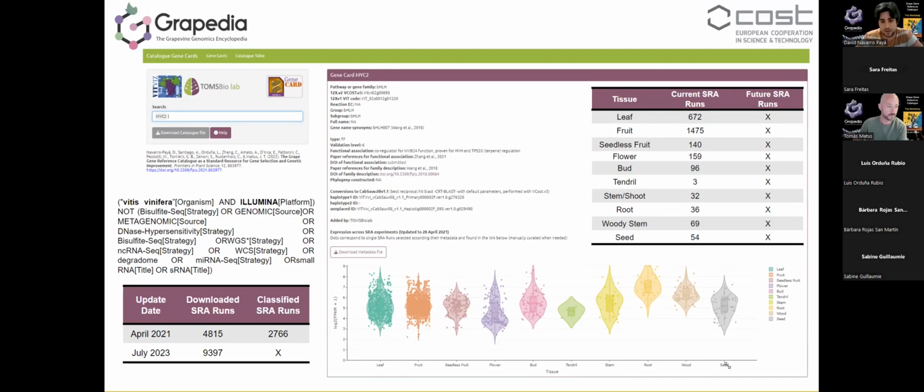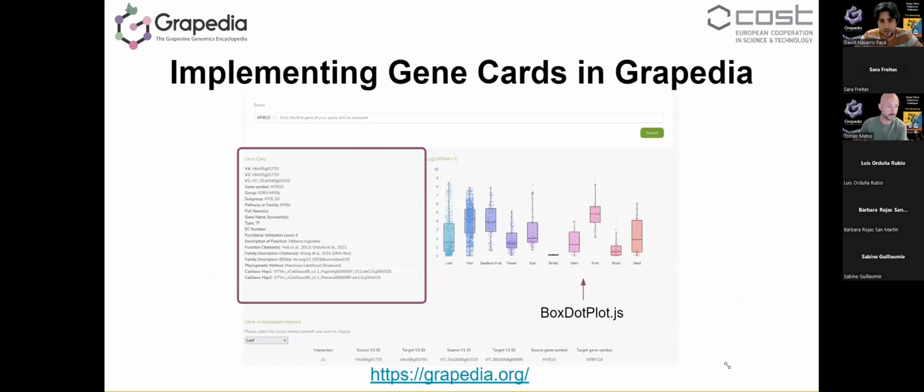So it's something that will be in your interest, as well as the community. We are also trying to implement the BitVis apps that we've got in Grapedia, and there will also be further information linking to other genomes, as we already mentioned.